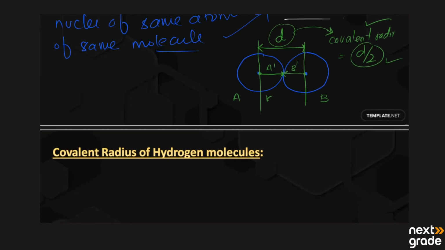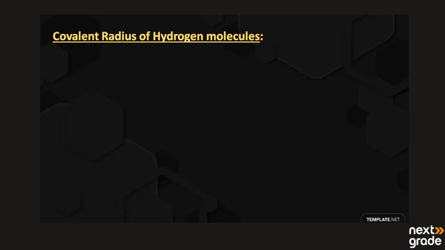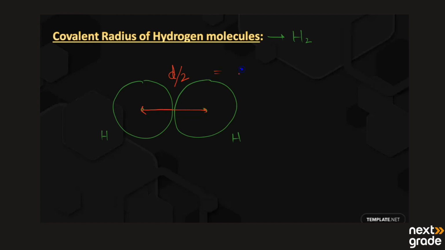Next we have the example of the covalent radii of the hydrogen molecule. Hydrogen exists in the form of H2. So there are two hydrogen atoms like this, hydrogen 1 and hydrogen 2. This is their central nucleus, and the distance between them is d, and when we divide it by 2, we will get the covalent radii of the hydrogen molecule.